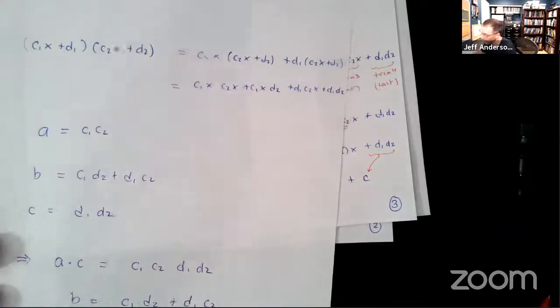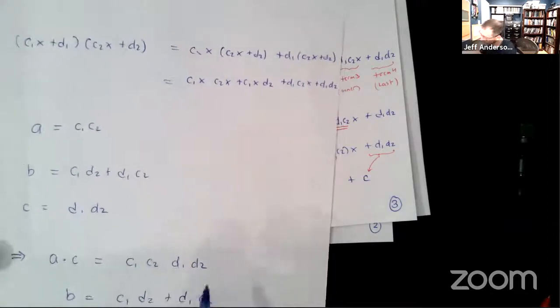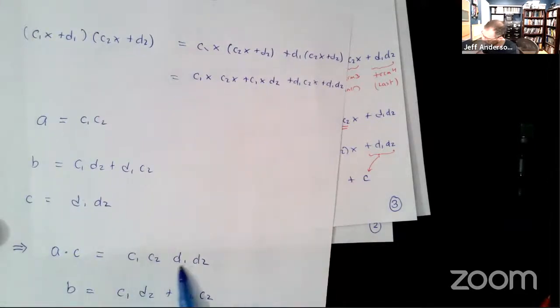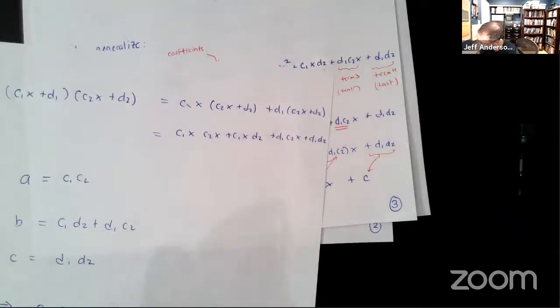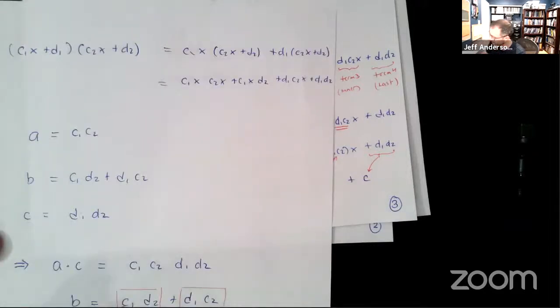I'm looking for two numbers such that when I multiply those numbers together, I get A times C, and when I add those numbers together, I get B. So here's my numbers: I want C1 times D2 and D1 times C2.